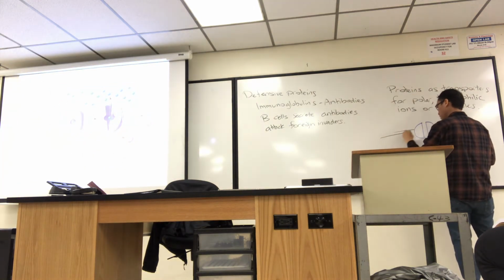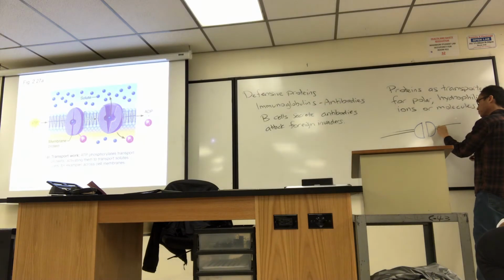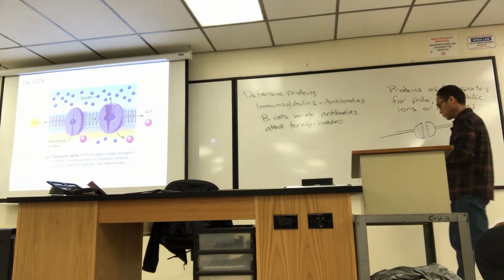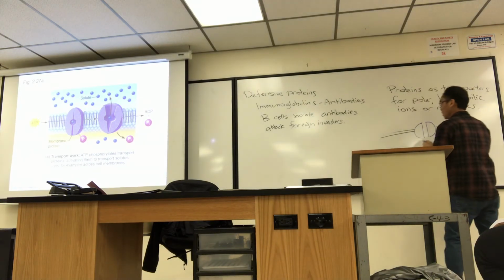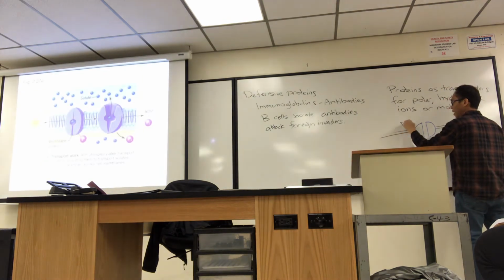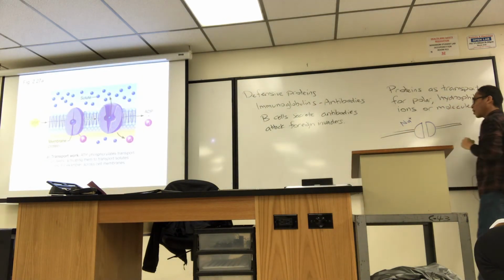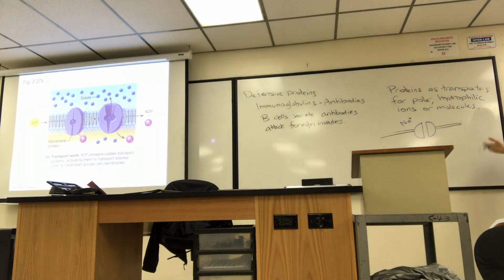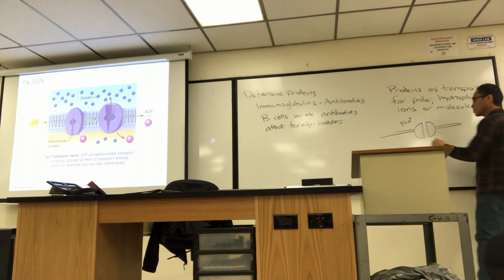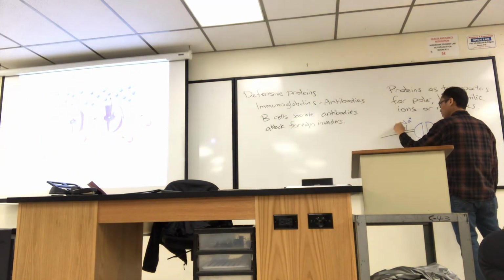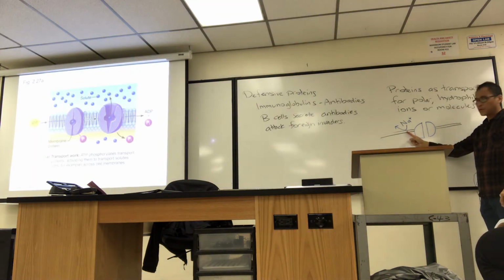I'll just draw this lipid bilayer. And let's say you're a sodium ion that carries a full positive charge. A polar molecule or an ion like sodium that has a full positive charge can't get past the hydrophobic zone.